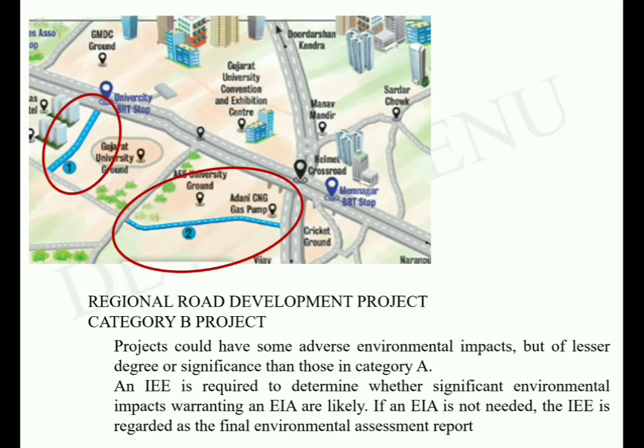So an IEE is required to determine whether significant environmental impacts warranting an EIA are likely. If an EIA is not needed, what will the proponent do? IEE is sufficient. So the initial environmental examination is sufficient if all the significant environmental impacts are answered in the initial environmental examination report. Okay, I think this is clear to you.